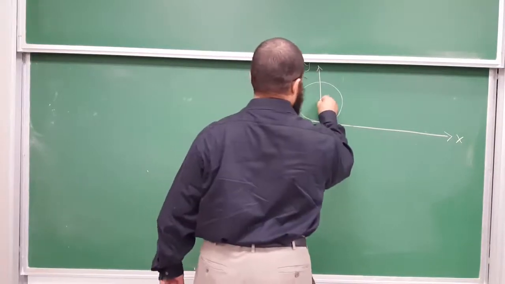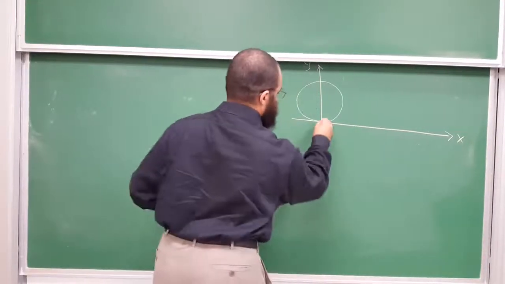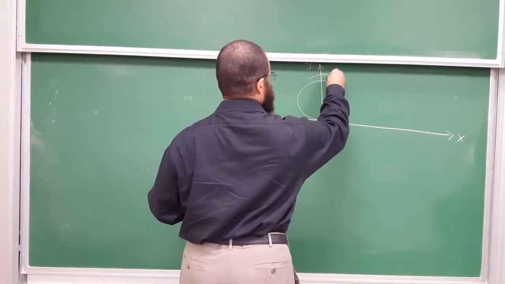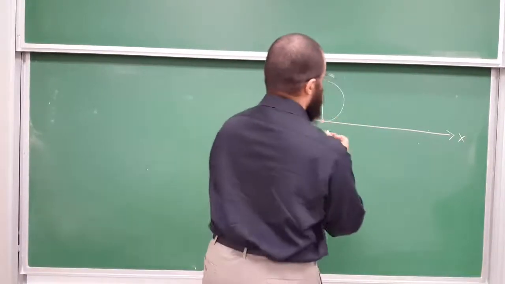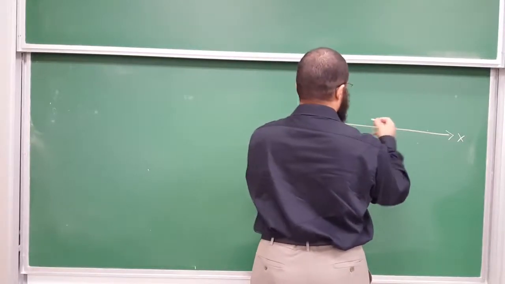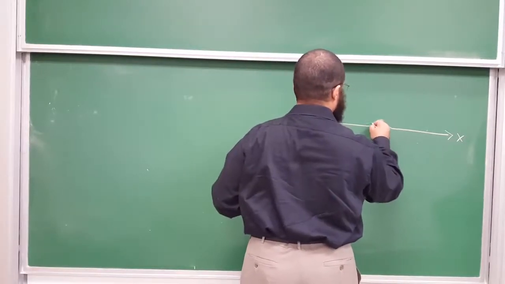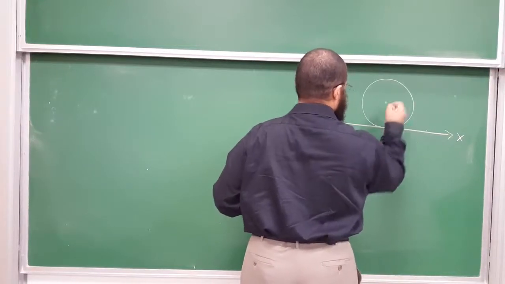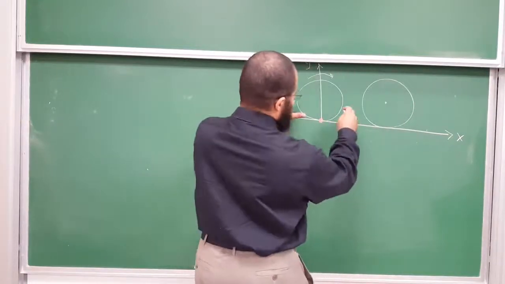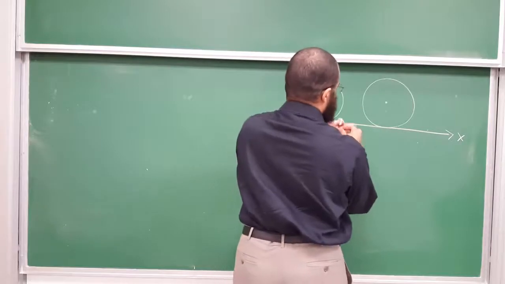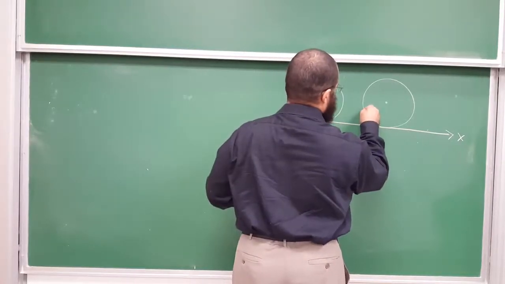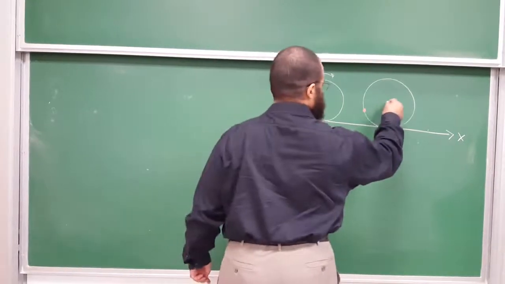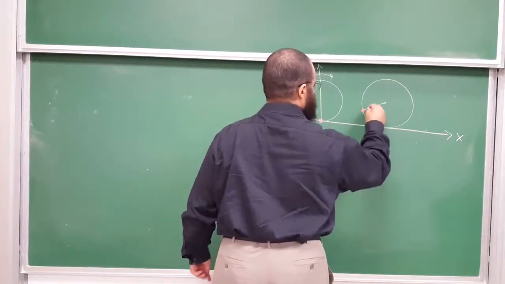I'm going to trace one point, let's say this red point, as the wheel turns. So let it turn a little bit, by an angle theta. So this point that used to be here has now turned, and let's say it's here.